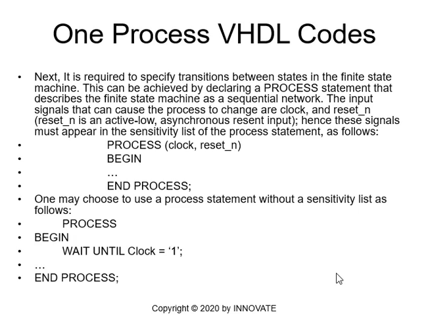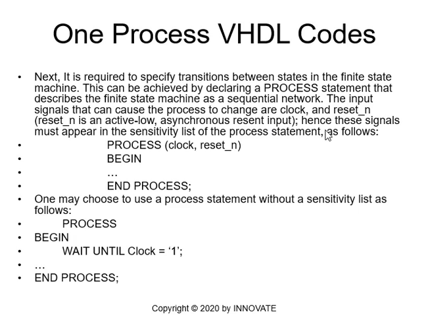Next, it is required to specify transitions between states in the finite state machine. This can be achieved by declaring a process statement that describes the finite state machine as a sequential network. The input signals that can cause the process to change are clock and reset_n, an active low asynchronous reset input.